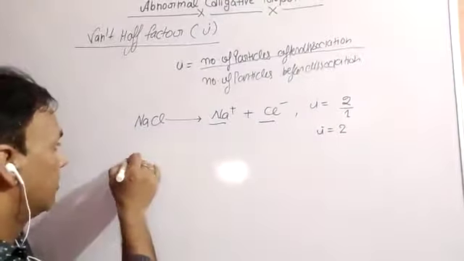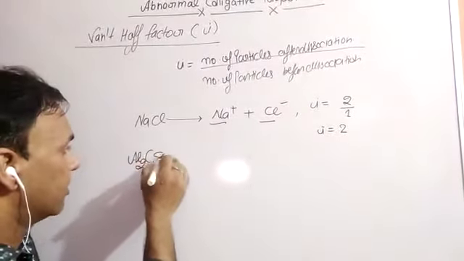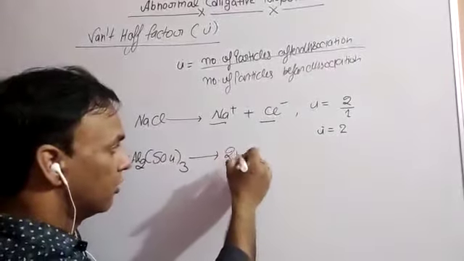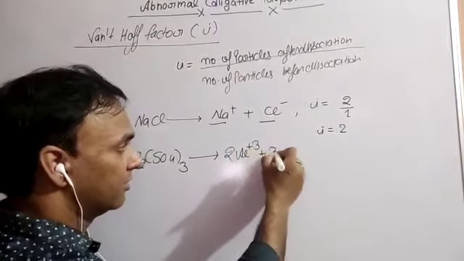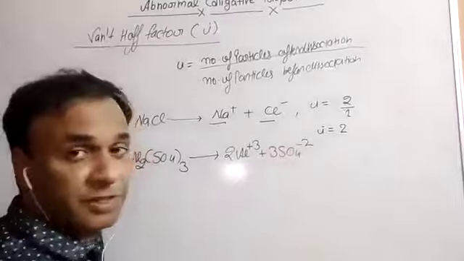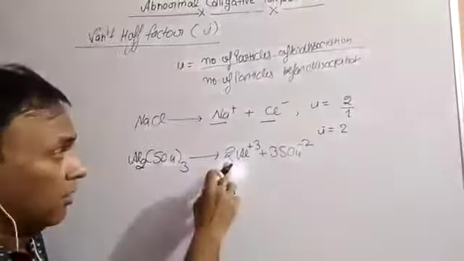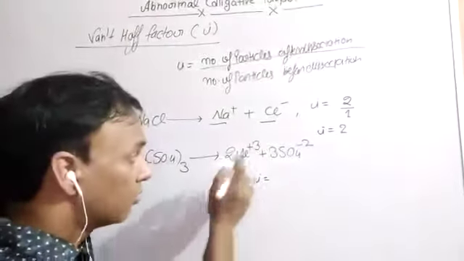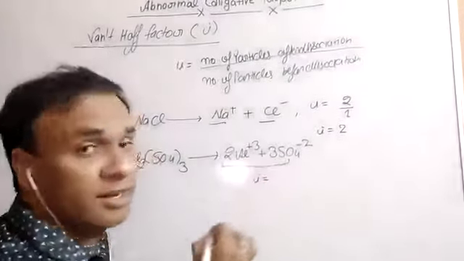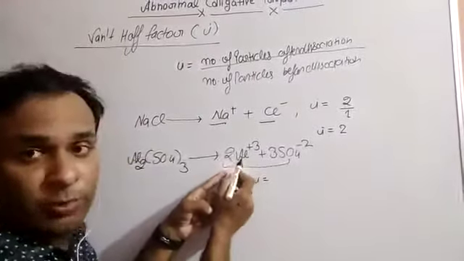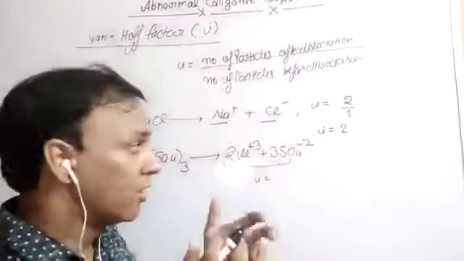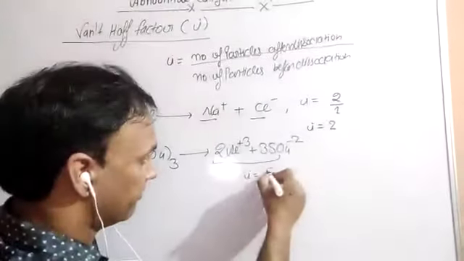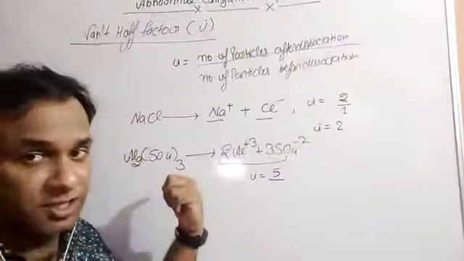When we talk about aluminium sulfate, formula Al2(SO4)3, it gives 2 moles of aluminium ion and 3 moles of sulfate ions. Clear? Here, when we calculate the Van 't Hoff factor, the number of particles after dissociation is 2 moles of aluminium and 3 moles of sulfate. That means the total number of particles after dissociation is 5, and before dissociation, that is 1.